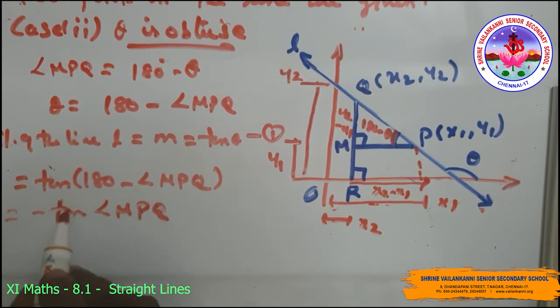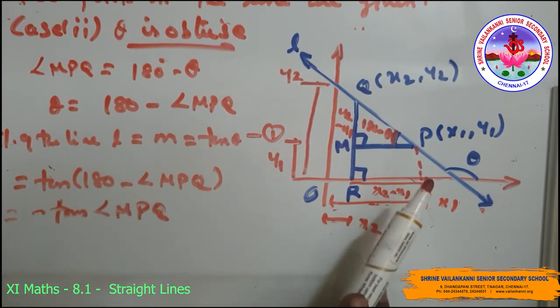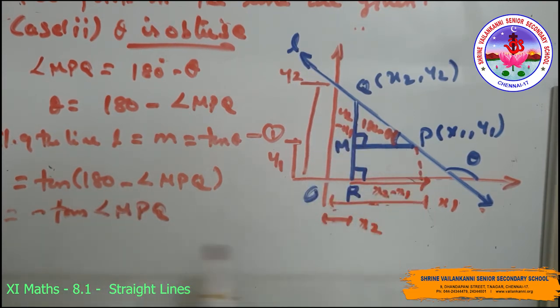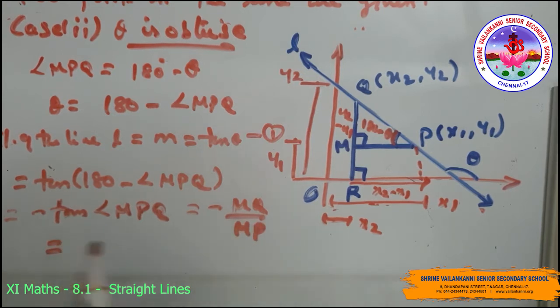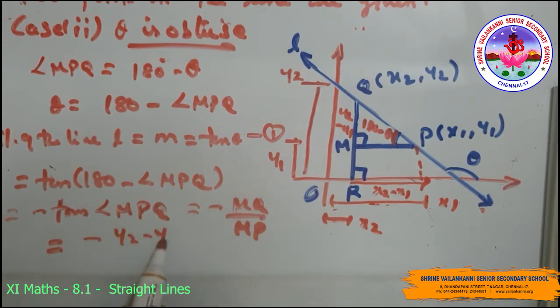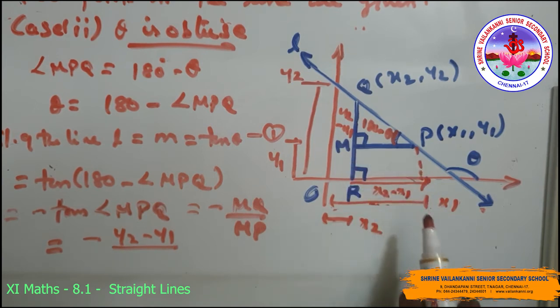So using Pythagoras theorem, we have opposite by adjacent, which is equal to minus MQ by MP, where MQ is y2 minus y1 and MP is x1 minus x2. So minus of y2 minus y1 by x1 minus x2.